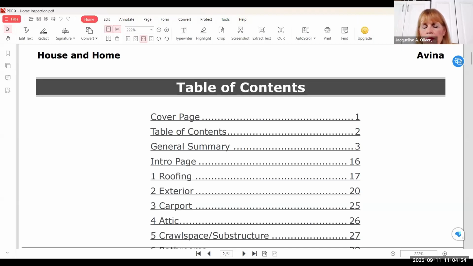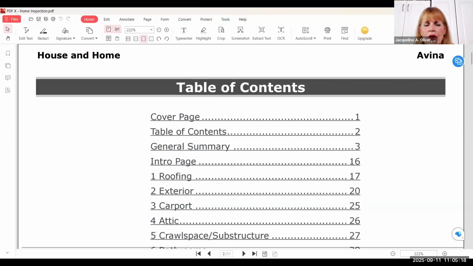So they have a cover page I just showed you that is the cover page for the inspection and usually shows the inspection, but a lot of times it just shows a house and says who it was ordered by, and a lot of times it's ordered by the agent. And then they have a table of contents and they have a general summary.